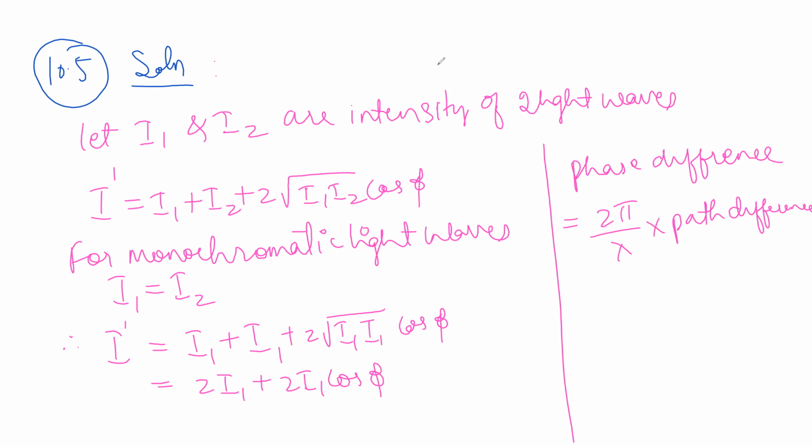So since path difference is lambda here and phase difference is 2 pi, we consider that.